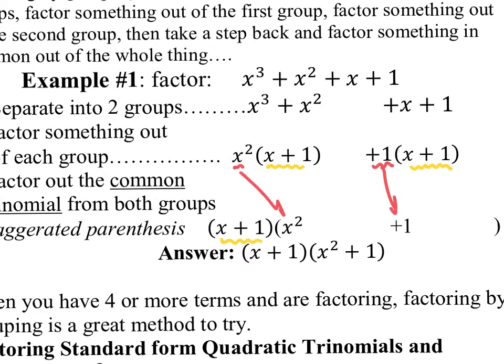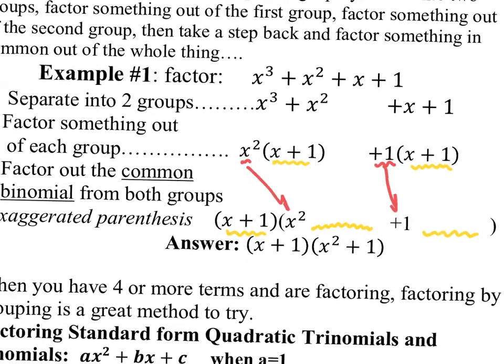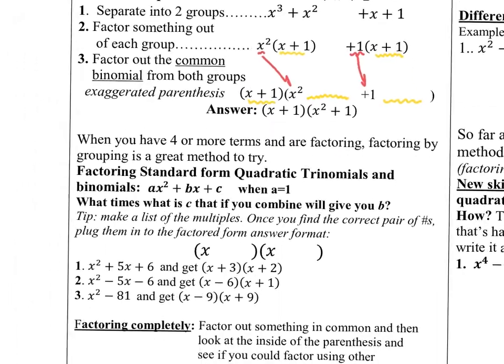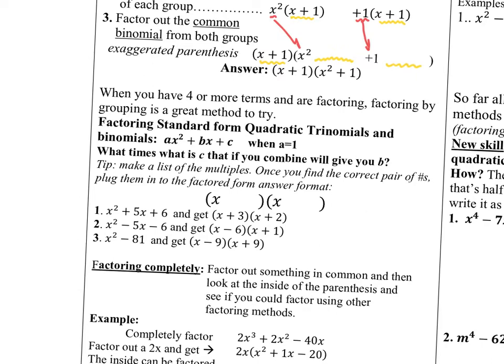Notice that there's an exaggerated parenthesis, so you could see what's missing. What is missing? The x plus 1 that we pulled out to the front is missing. So these are exaggerated parentheses, so you just write them the correct size, and there's your factored form answer. I hope we remember that. If you don't, it's okay, because we will be learning alternative methods.